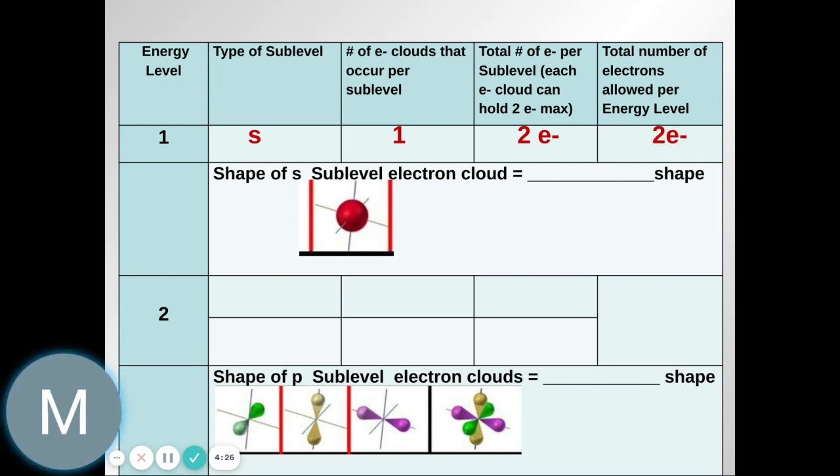So the S probability region is sphere-shaped, hence S. Energy level 2 has 2 different sublevels. If you think of the period on the periodic table, going left to right, the rows and periods, this would relate to the very first period, so hydrogen and helium.